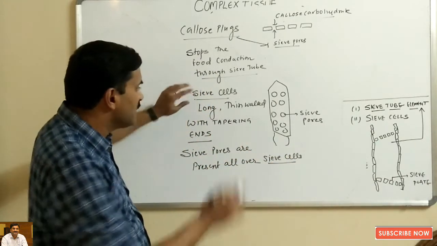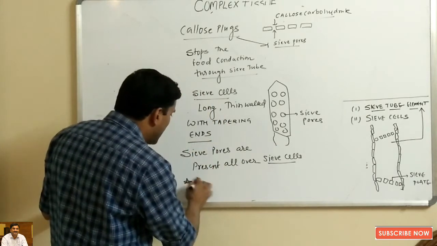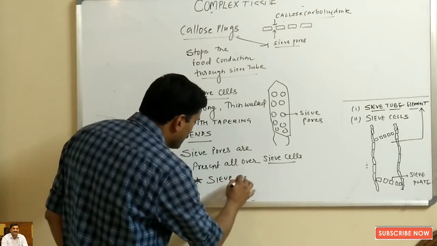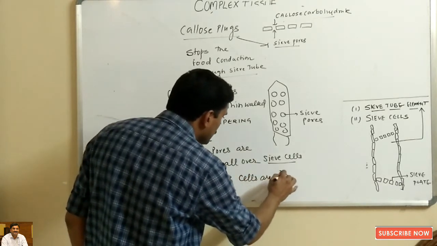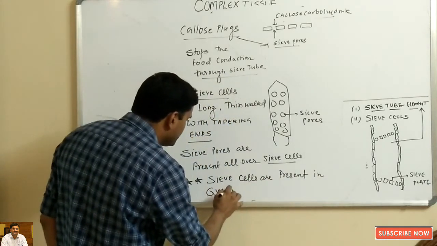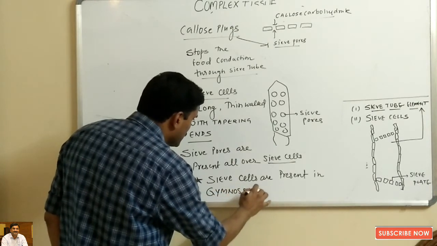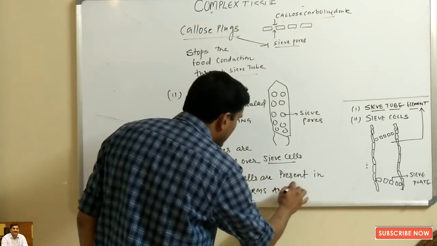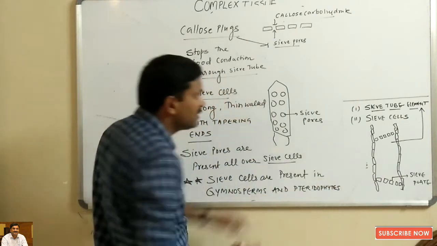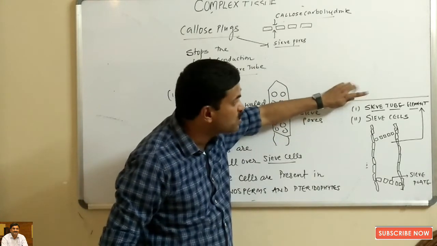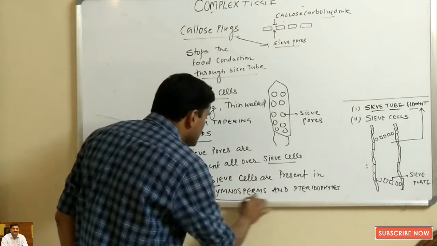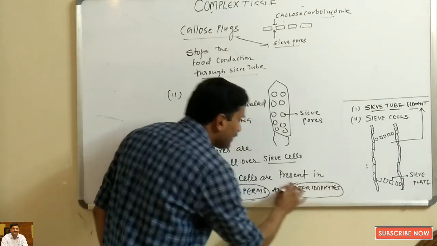And the very important feature which is asked in the examinations is that sieve cells are present in gymnosperms and pteridophytes. What you have to learn here is that sieve tube elements are present in angiosperms, and sieve cells are the feature of gymnosperms and the pteridophytes.